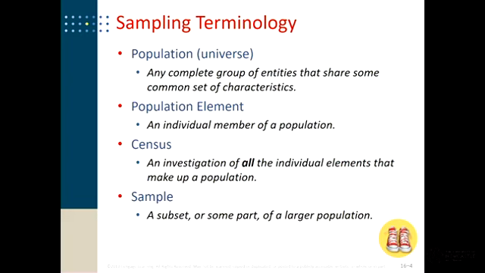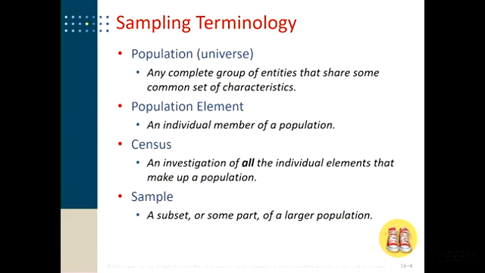Population and sample are two related terms. Probably all of you understand that when we say population, we actually refer to the complete set of the entities we try to survey. Again, I say, the complete set of entities.